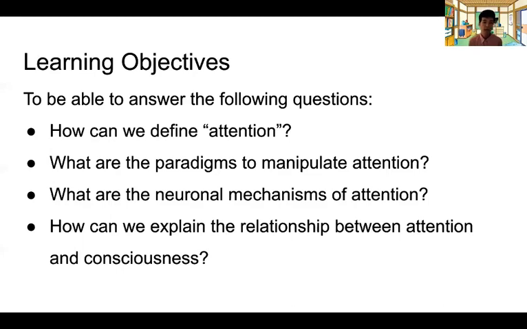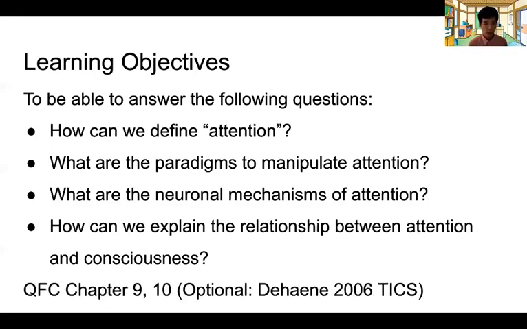And how can we explain the relationship between attention and consciousness? For these matters, I refer to Koch's book The Quest for Consciousness, chapters 9 and 10. Towards the end, I'll also talk about the global workspace theory, which tries to explain the relationship between attention and consciousness, and that's an optional reading. Okay, so that's the plan for this week and the review up until now.